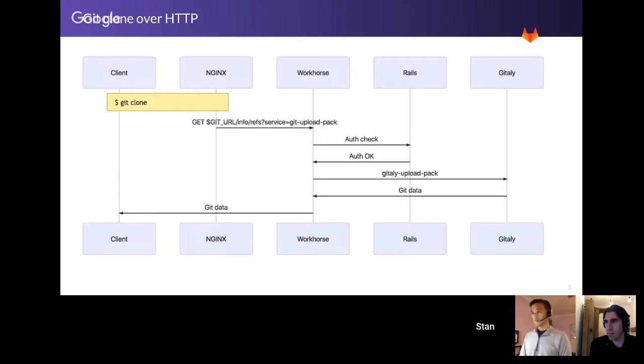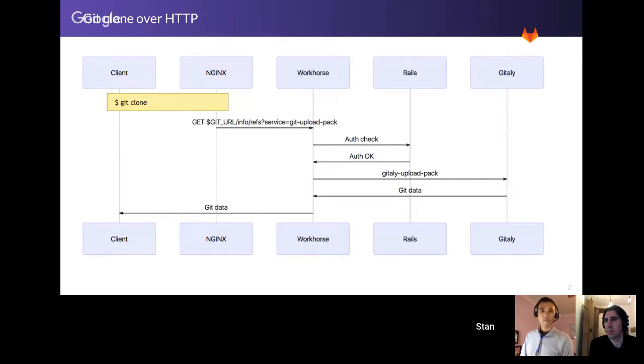To do that, it sends an API request to our GitLab Rails side asking whether this user has access, the auth check. If so, the Rails API returns yes, this user has access. At that point, Workhorse proceeds to retrieve the data via Gitaly, which is our service that abstracts all Git requests.